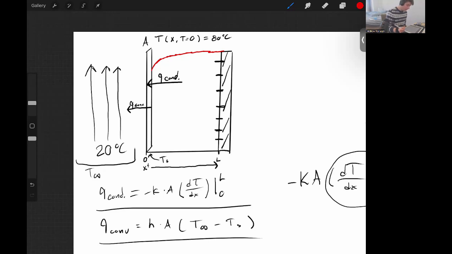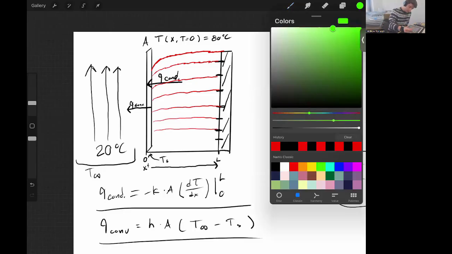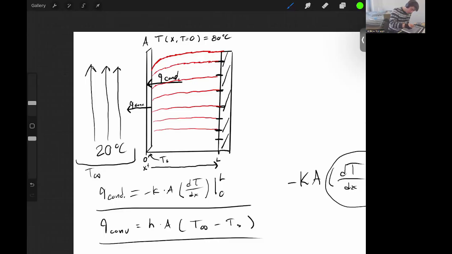So as this continues, you'll notice that our line slowly begins to dampen until eventually, I'm going to go ahead and make this green, we get to a point, and this is after a long time.